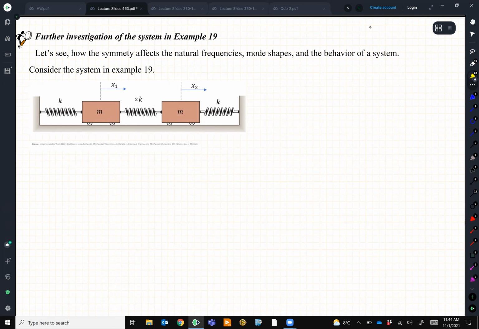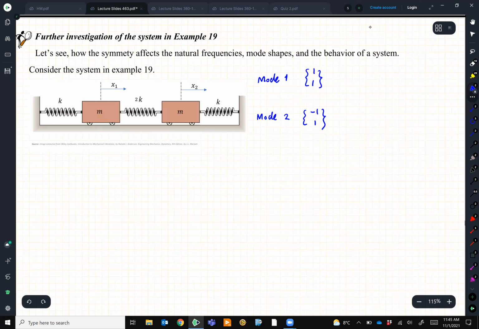The second way is that these two masses can move left and right in opposite directions, but again, because they are exactly the same, they're going to have the same amplitude. So this is what we found solving the equation. We said there is a mode 1, which is 1, 1, and there is a mode 2, which is minus 1, 1.